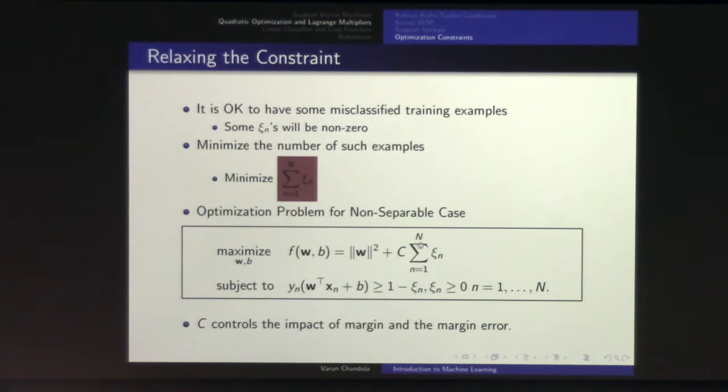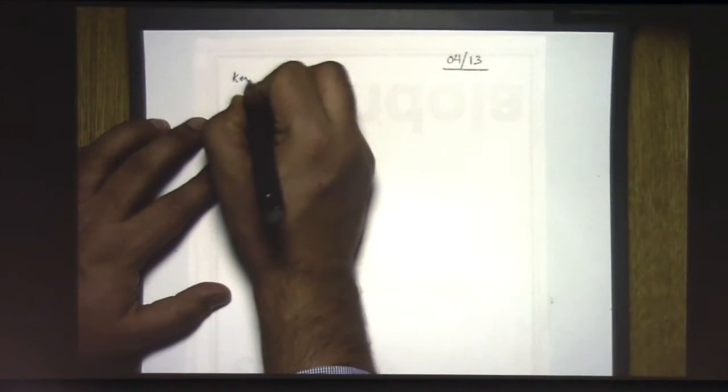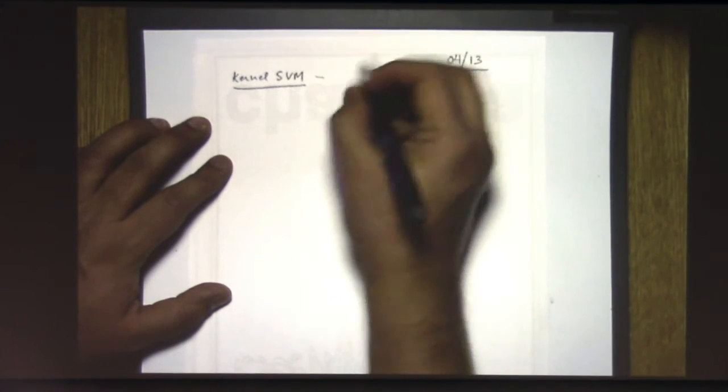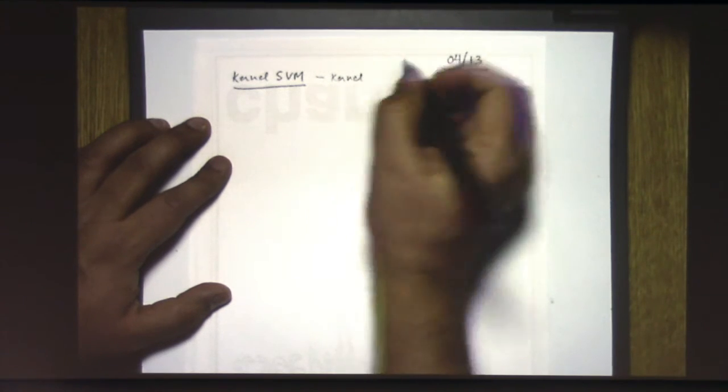So I'm going to give you an example. All right, so let us assume that we are trying to learn a kernel SVM, which means that, just for the sake of example, the kernel is a polynomial function.